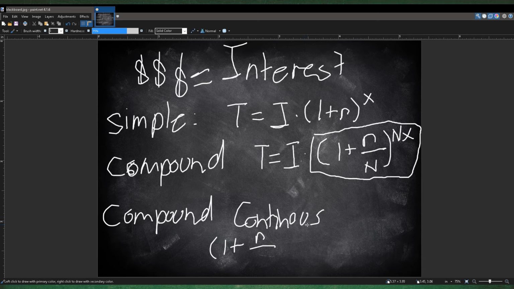So imagine you have 3,000 times out of a year, or 5,000 times. If n approaches infinity, a really big number, then this expression, 1 plus the rate over n, raised to the power n times x, approaches e.